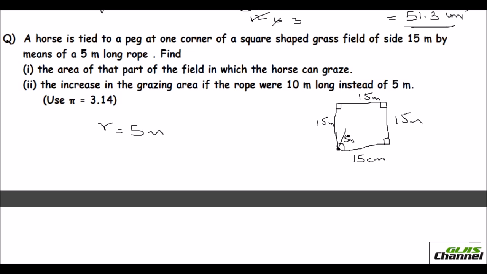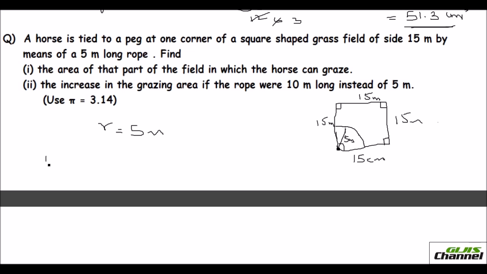Since the length of the rope is this much, the horse can graze only up till this area, right? It can't go beyond that because it is tied up. So only as long as the rope, only that much area it can graze. So that area will look like a sector. So you can use the sector formula here again to find the area.